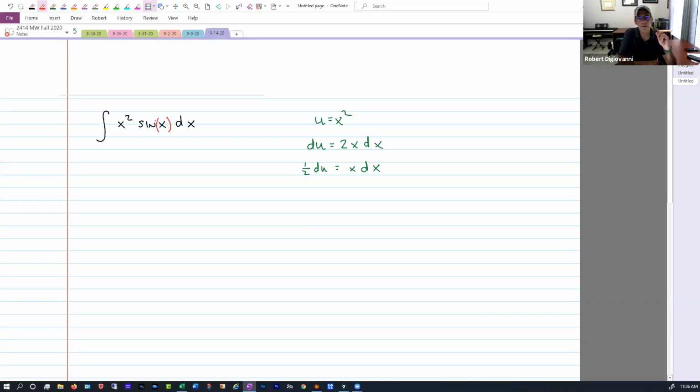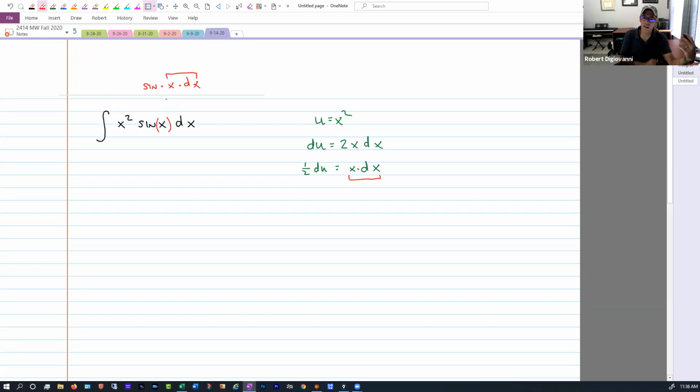Isn't that x inside the sine function? Right, it's not part of the sine function. It's not like you can peel that x and dx and put them next to each other, which is what we'd need, x times dx. That's not what we have. We have sine of x times dx. So we can't substitute that.